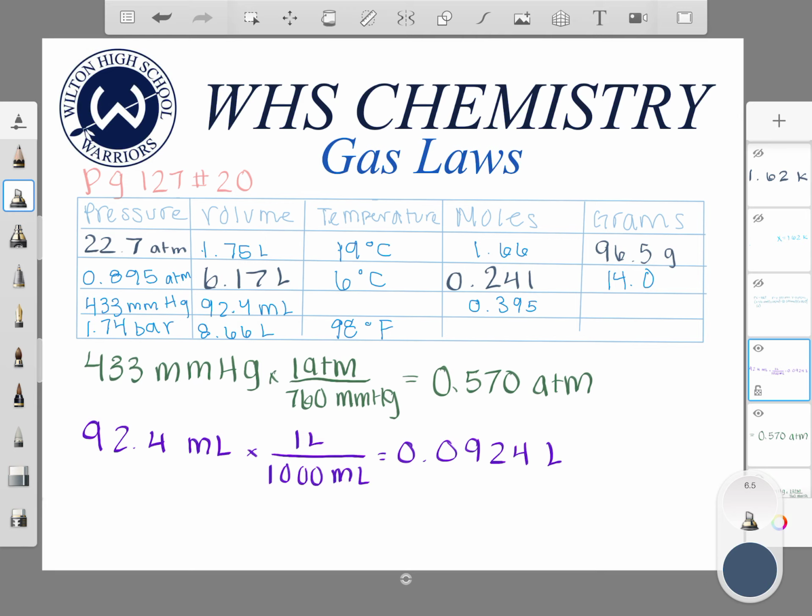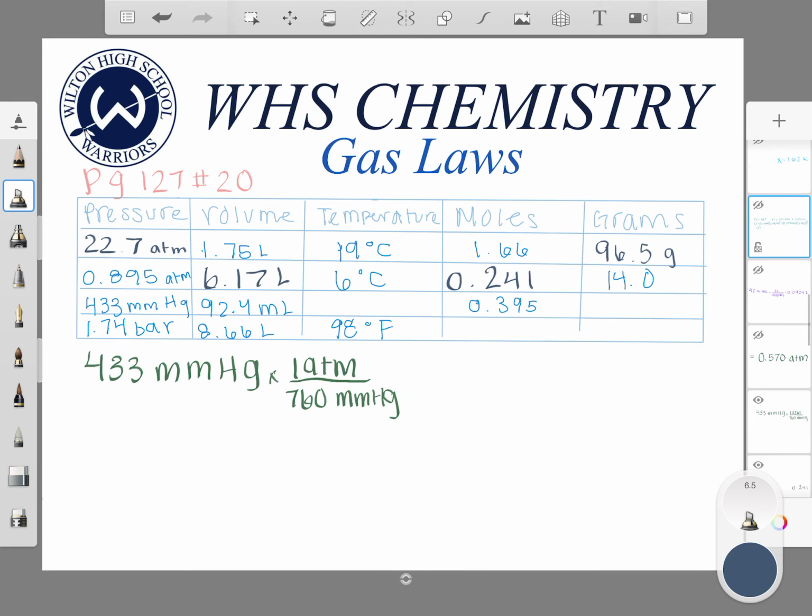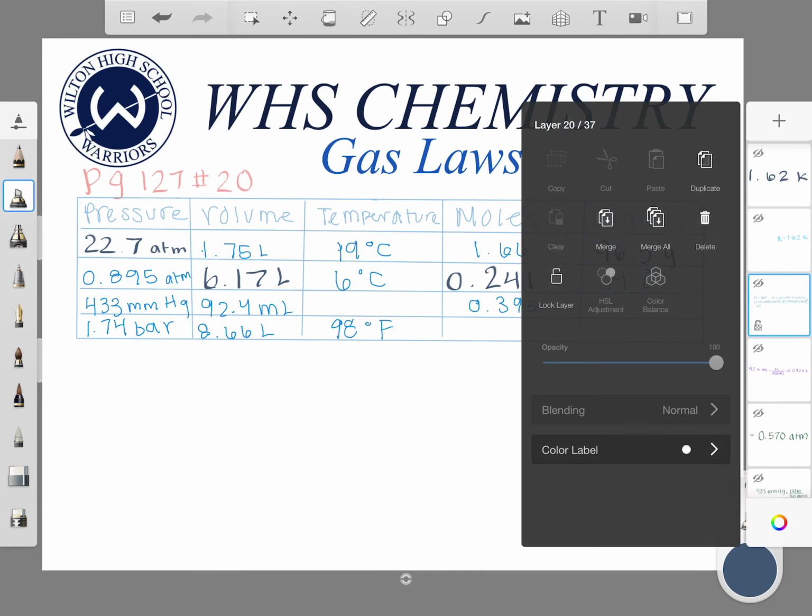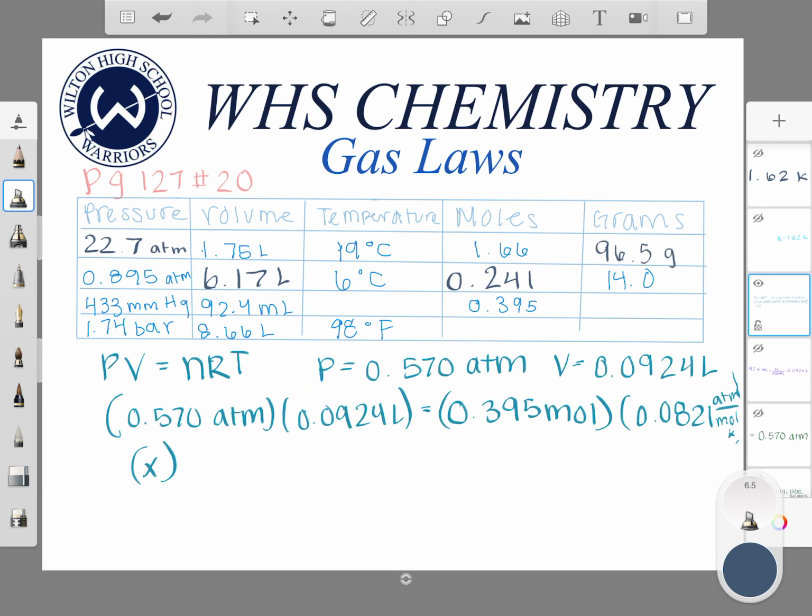So then we're going to do PV equals nRT. So we have P equals 0.57 atmospheres that we just solved for, and V equals 0.0924 liters, and just plug in and solve like we've been doing, and X equals 1.62 Kelvin.